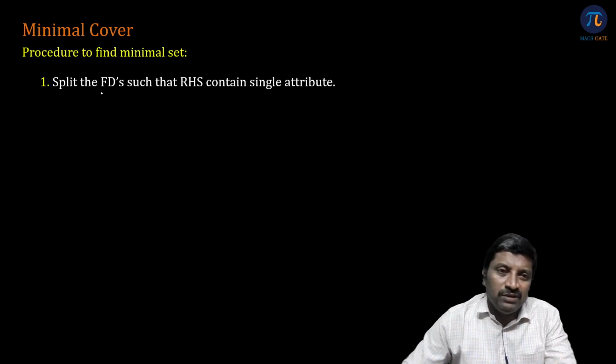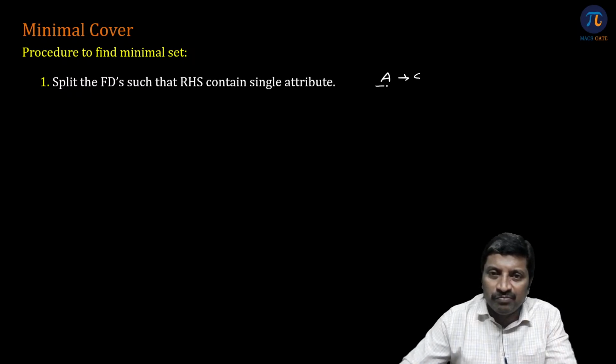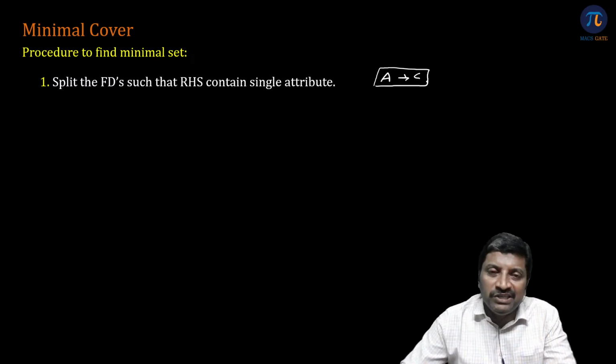The first step: split the FDs such that the RHS contains a single attribute. Suppose I have an FD A implies C. No need to do anything for this, because the right side already contains a single attribute.